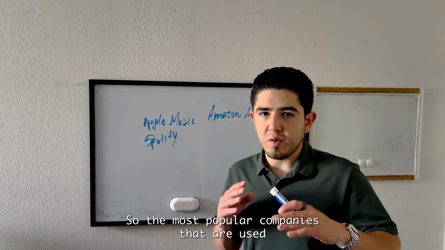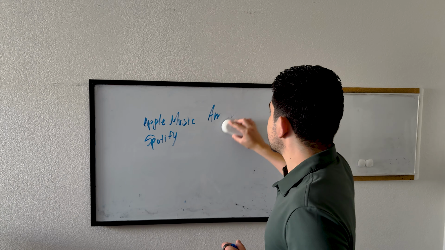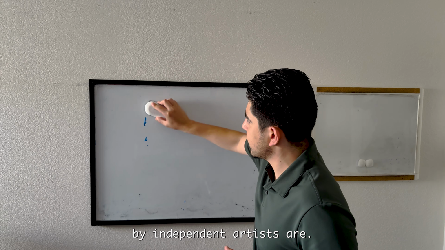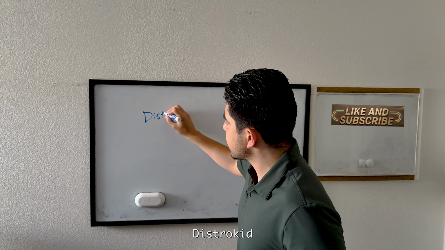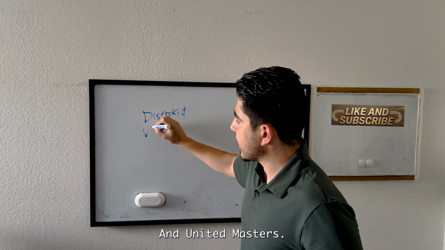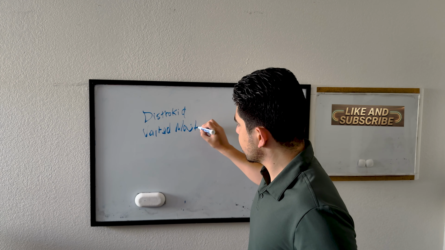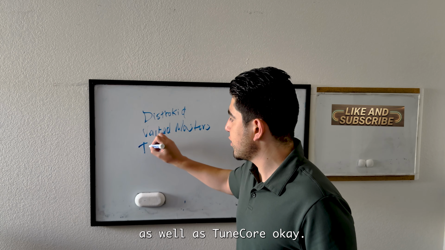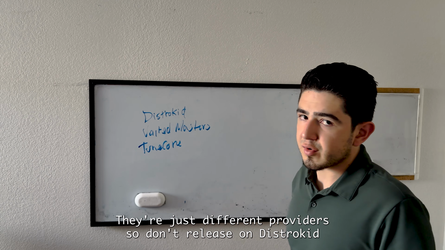So the most popular companies that are used by independent artists are DistroKid and United Masters, as well as TuneCore. Okay, so they all do the same thing, they're just different providers.